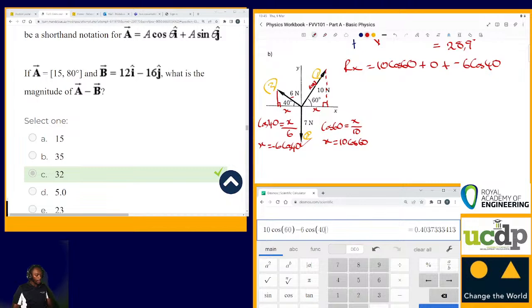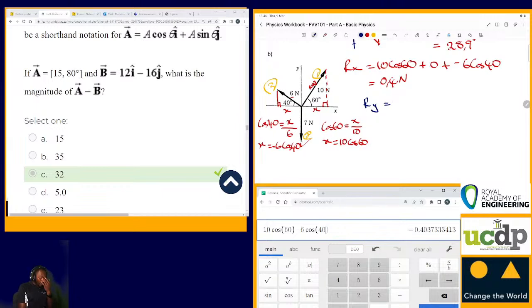Right, what do we get? I'm getting 0.40, so 0.4 newtons.